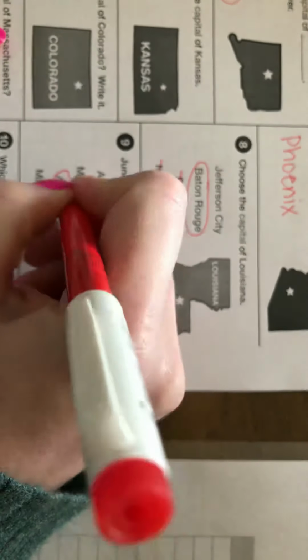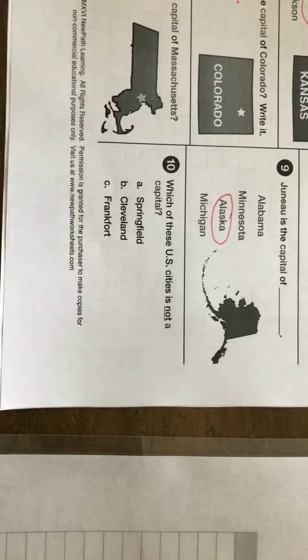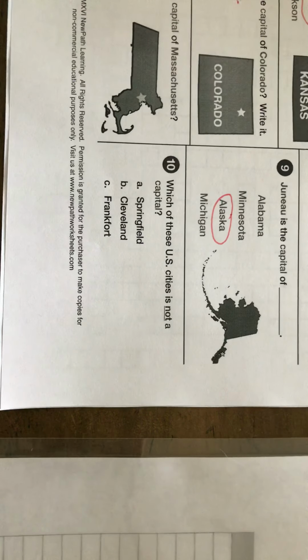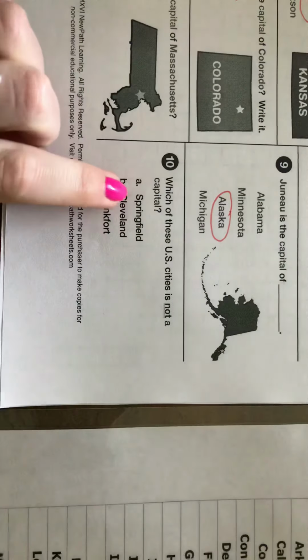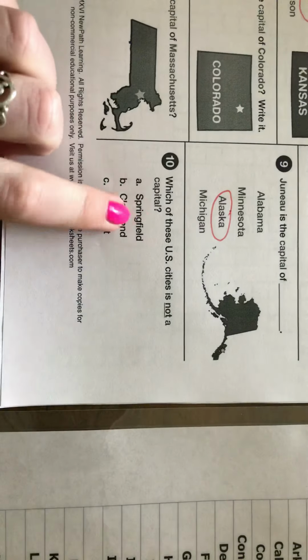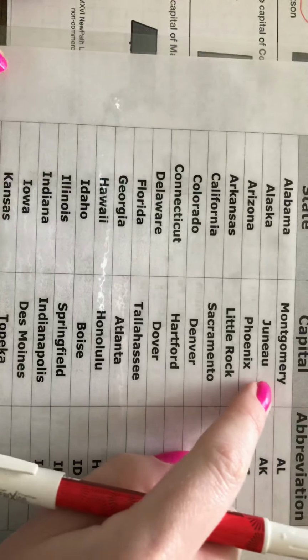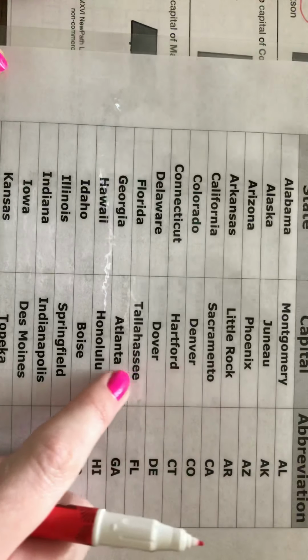All right, and last one. Which of these U.S. cities is not a capital? Okay, so Springfield. Let's check our list and see if it's a capital. Springfield. Boom, there it is. So yes, it is.